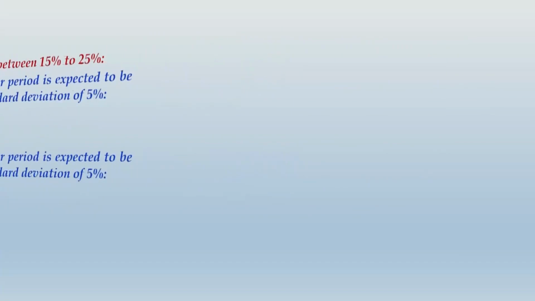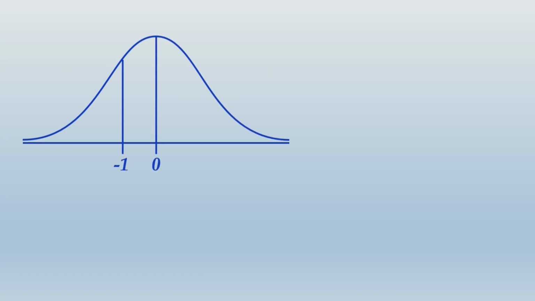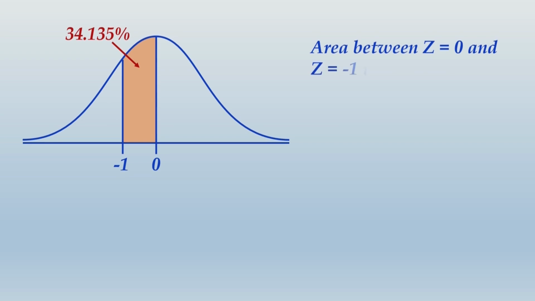Let us move ahead, and now we would simply plot the required area. This is the center, this is -1, this is the probability from 0 to -1, and we conclude that area between z equal to 0 to z equal to -1, it is 34.135%.